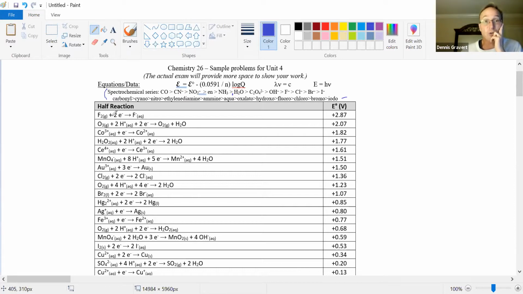You're being reduced. You're gaining electrons. So what kind of agent are you? You're the opposite agent. So F2 is reduced to form F-. And if it's being reduced, F2 is an oxidizing agent.